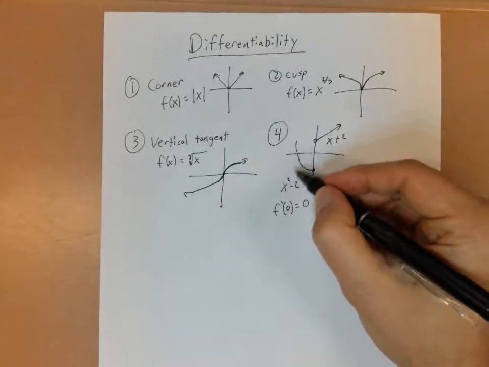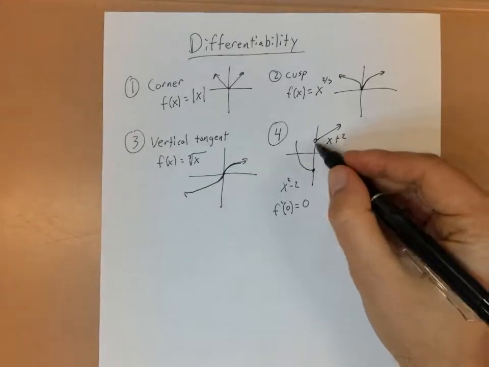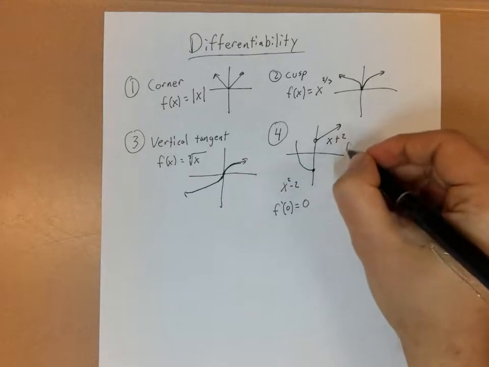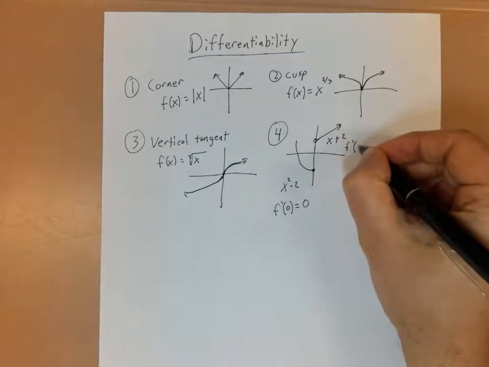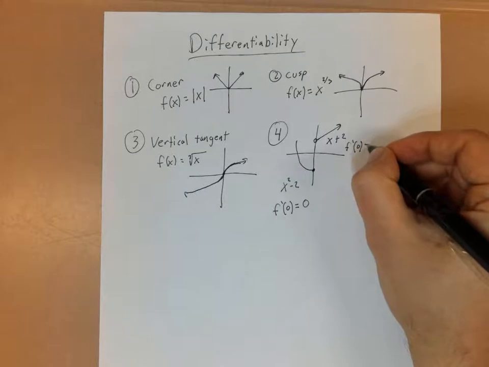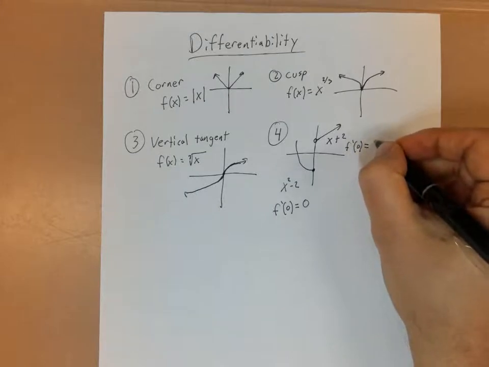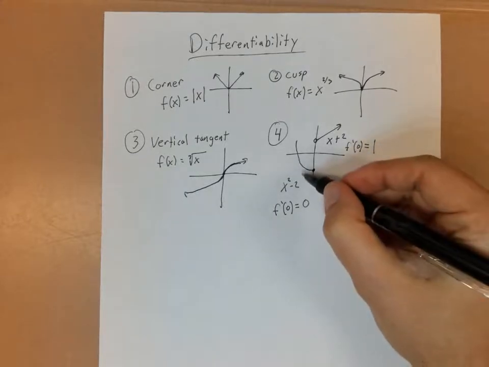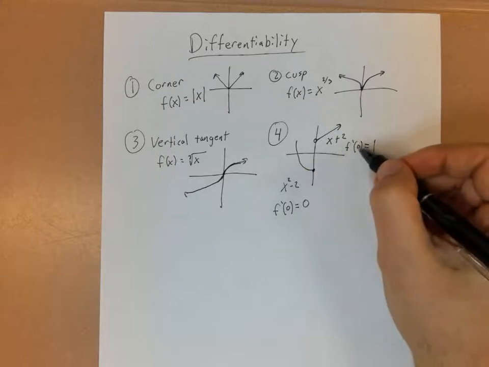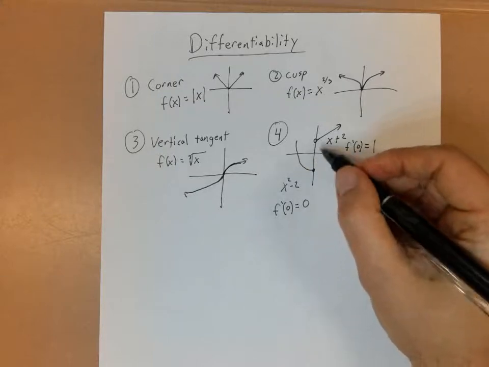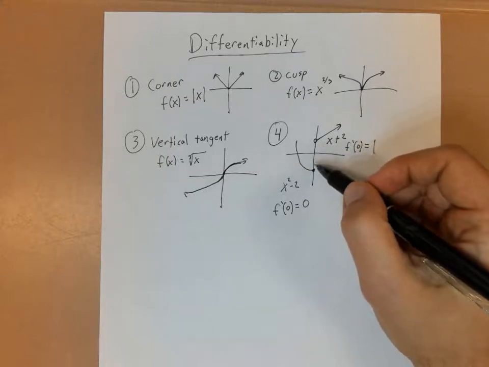So the derivative on the left is going to be 0. The derivative on the right, if you were to, again, use the limit definition of a derivative or the shortcut, you should get a derivative of 1. So the derivative on the left doesn't match the derivative on the right. So that's how I know it's not going to be differentiable at that spot.